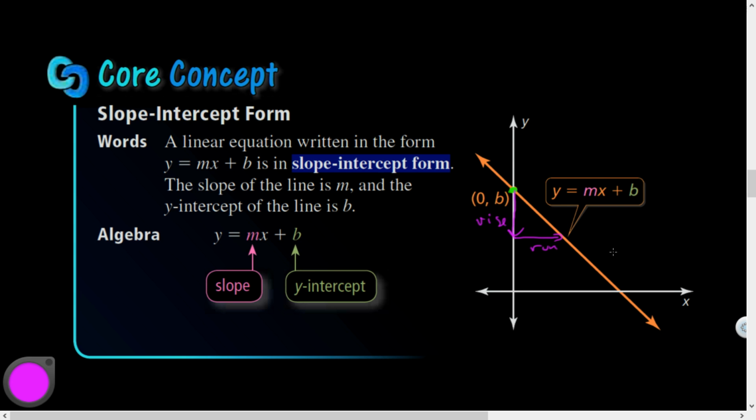And once I have 2 points, I can draw the line, right? So what we're going to do is simply identify the slope and the y-intercept when I have that form. I'll do these last couple of problems here, and we'll call it a video.